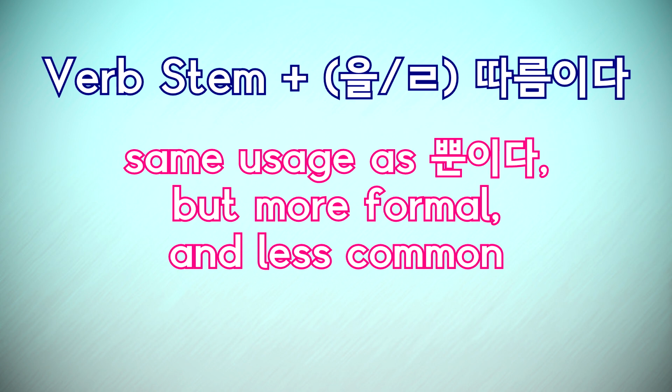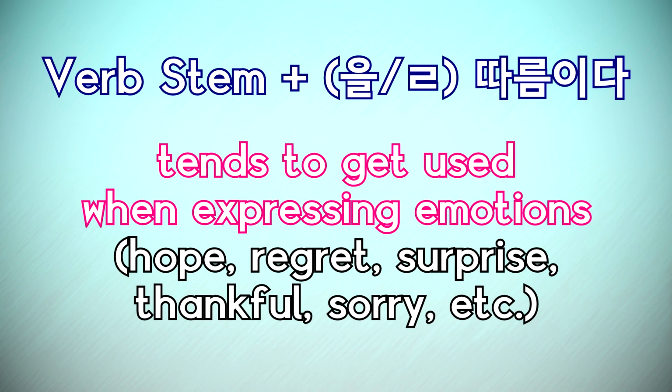In addition, while the literal meaning and usage of this form is actually the same as 뿐이다, it tends to get used in formal situations, specifically where the speaker is expressing their emotions. This can include expressing hope, or regret, or surprise, or when you feel thankful, or sorry, etc. For example, you might express something like, I only feel grateful, or I only feel sorry, using this form.